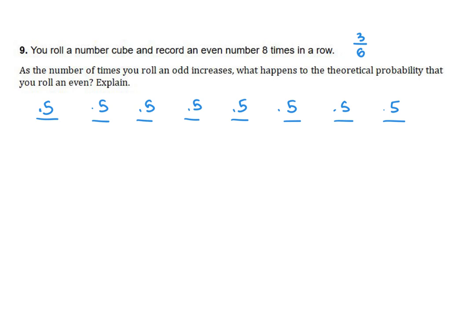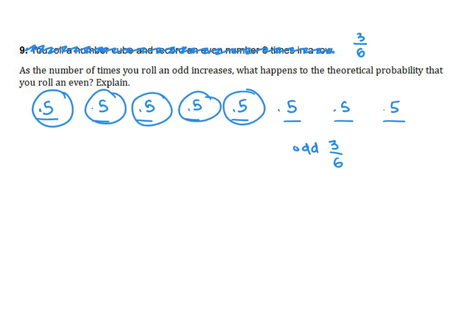However, let's look at the next part of this question. As the number of times you roll an odd, so odd would also be 3 out of 6. As the number of times you roll an odd increases, what happens to the theoretical probability that you roll an even? So I think we need to actually just get rid of all that, because that's all just kind of nonsense right now. In fact, if you look, each time you roll, isn't the probability always the same?